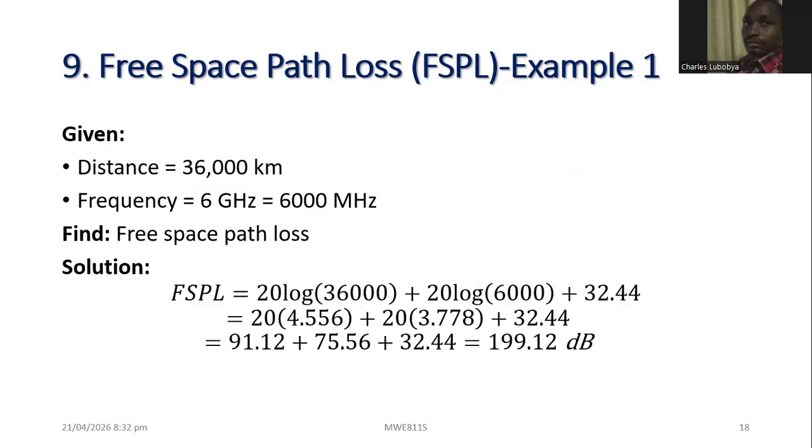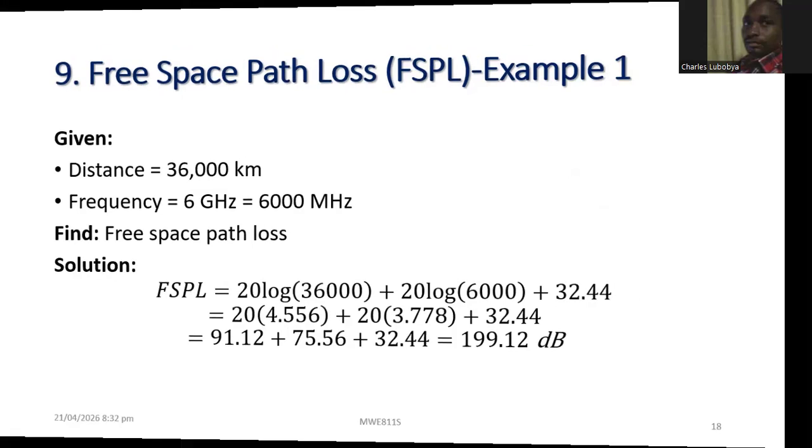Therefore, the free space path loss can be calculated from 20 log 36,000 kilometers plus 20 log 6,000 megahertz plus 32.44, which gives you 199.12 decibels. So that's basically an example to illustrate free space path loss calculations.